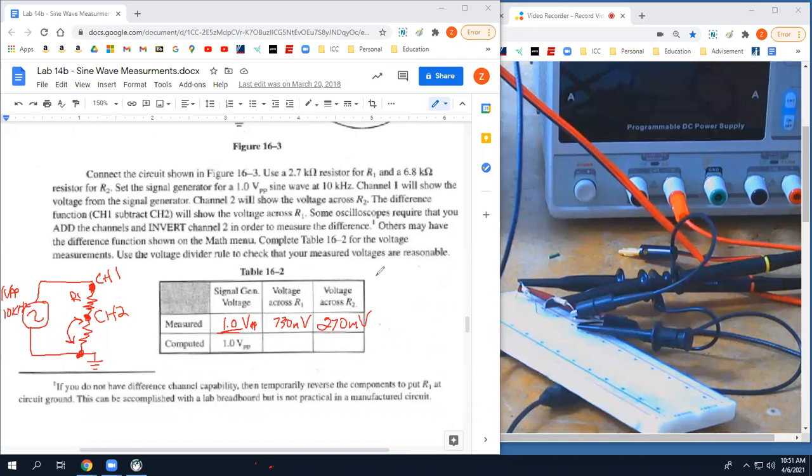So in a circuit where I have two resistors in series, 1 volt peak to peak, so E total equals 1 volt.